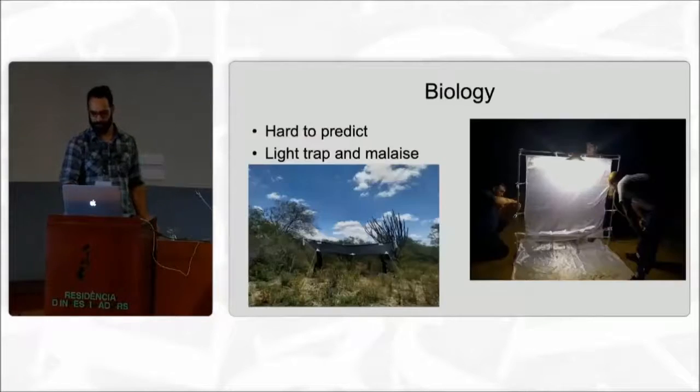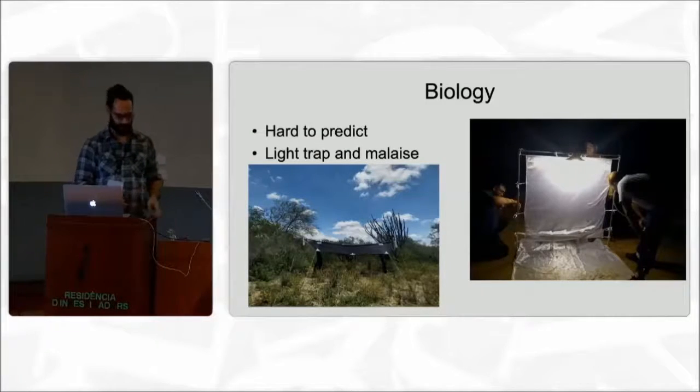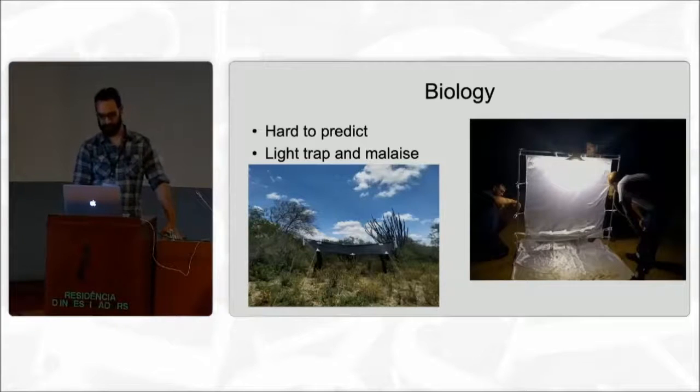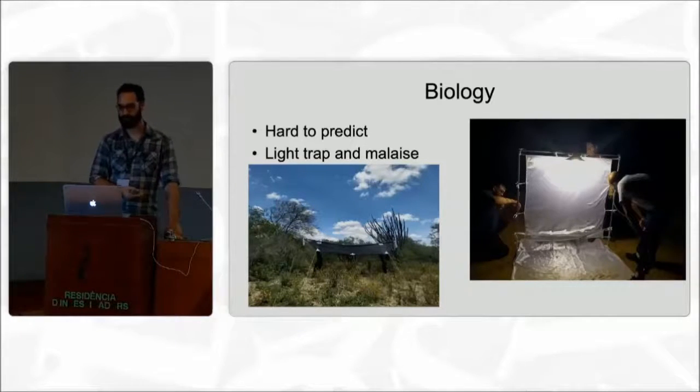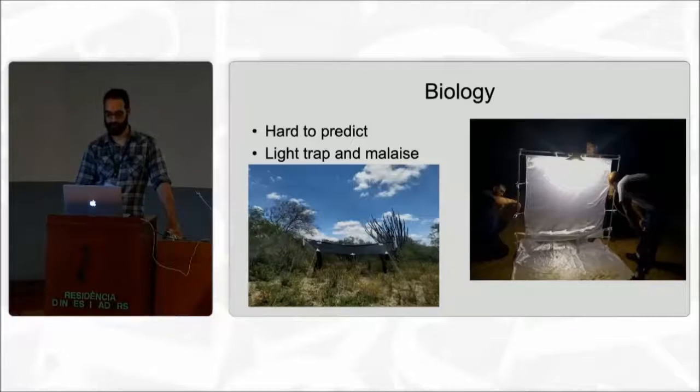And about the biology of the species of this tribe, it's hard to predict. When you see the labels and when we go to the field, we always collect by light trap and malaise trap. So we just know they fly well.